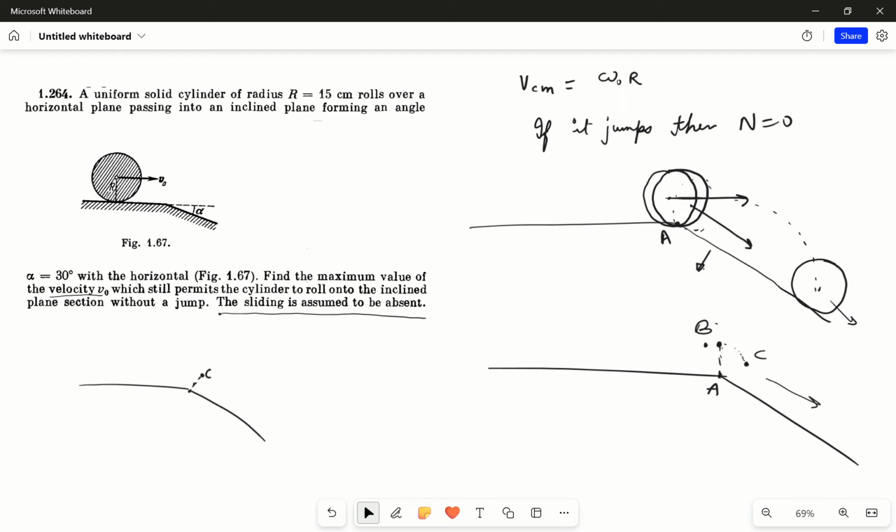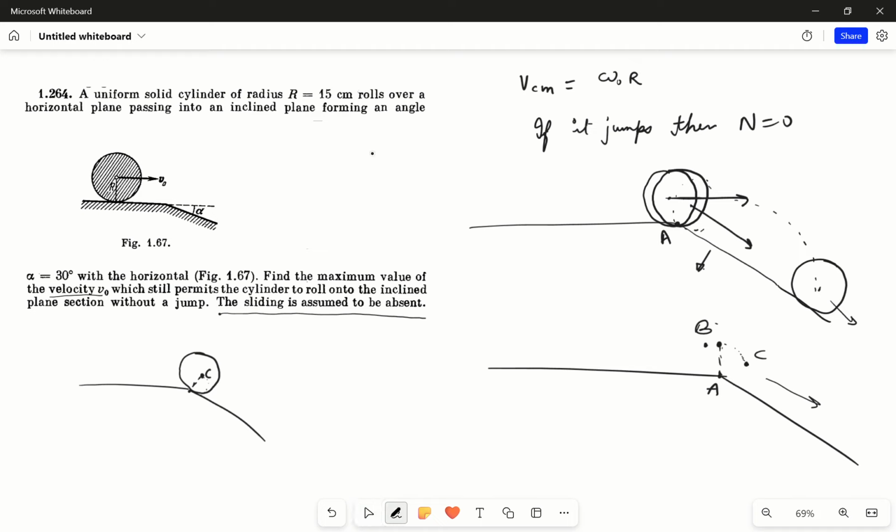We are talking about an edge case, that it would leave the ground at point C. But if it leaves the ground at point C, then it will go like this and come here only, so it is technically not leaving the ground. So this is the edge case we're looking for: the ball should be leaving the ground at point C, right?